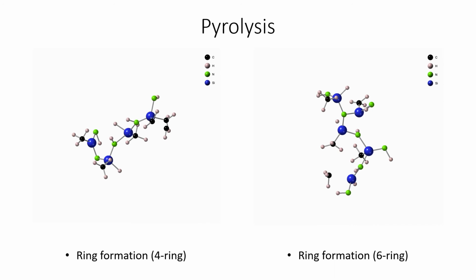This next reaction shows the formation of a four-membered ring where the second four-coordinated nitrogen here will bond with this silicon atom over here.